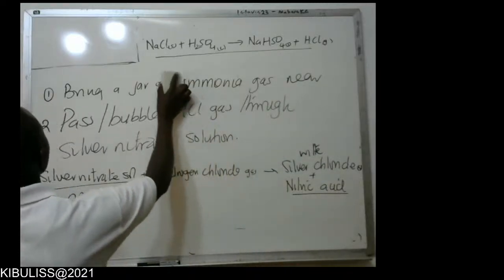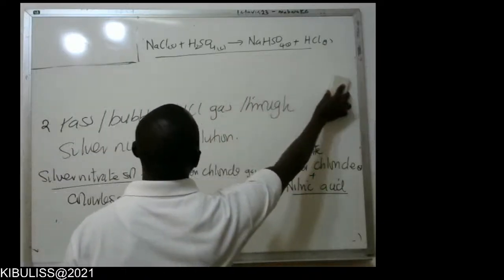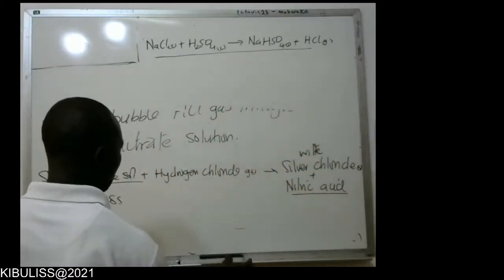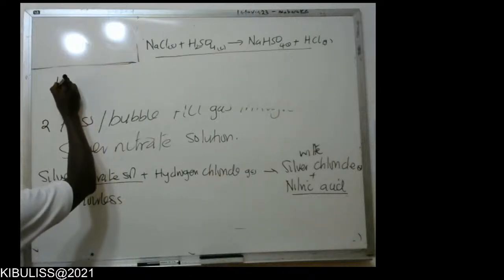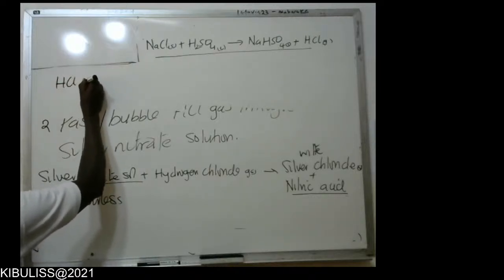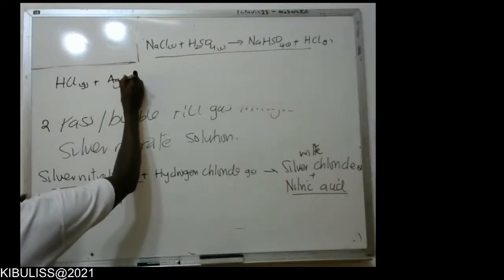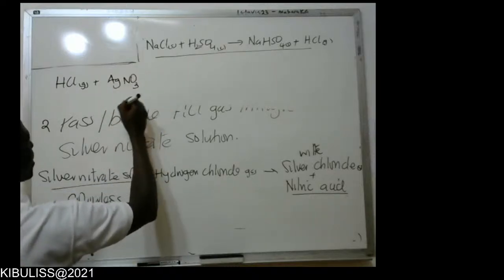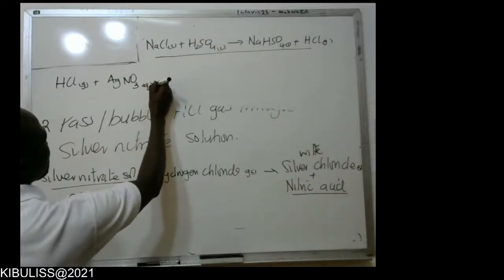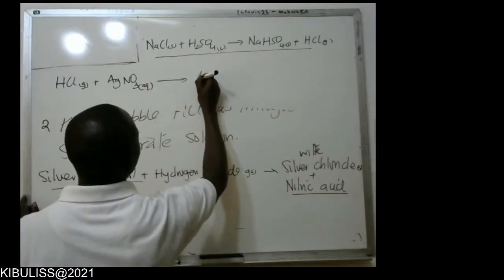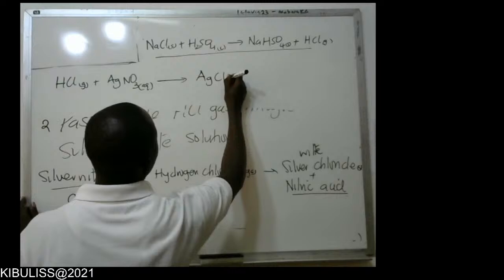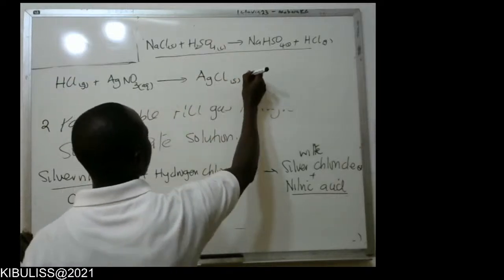When you bubble hydrogen chloride through silver nitrate solution: hydrogen chloride, a gas, plus silver nitrate, a solution. What do we obtain? Silver chloride, which is a solid.